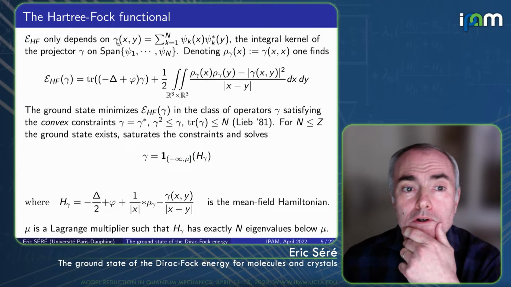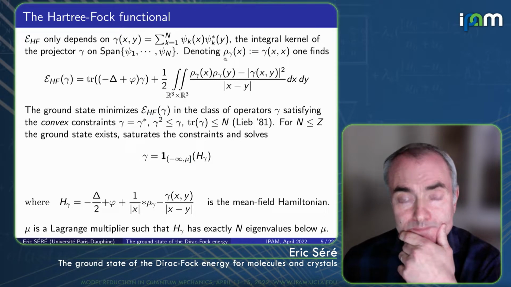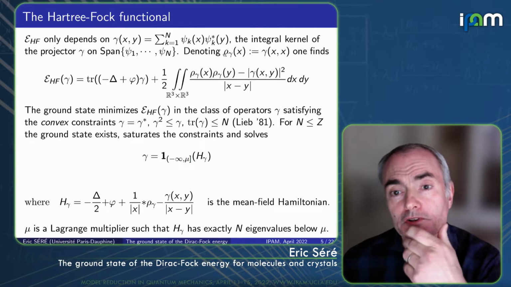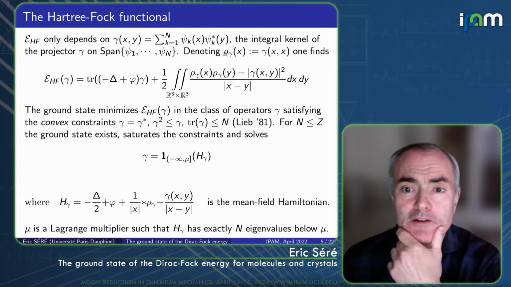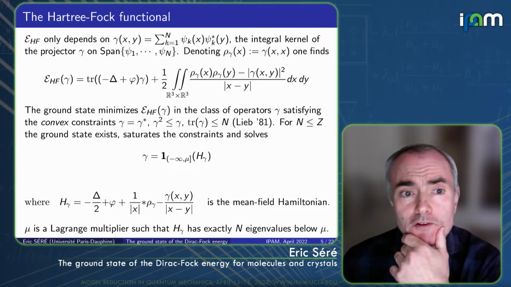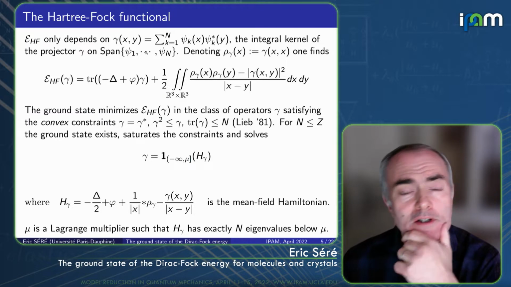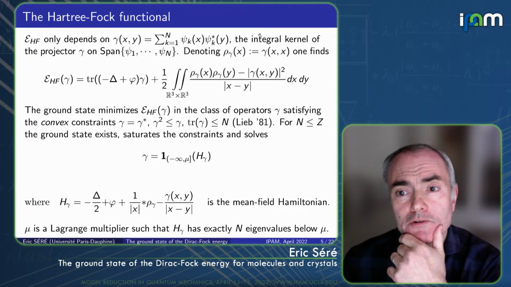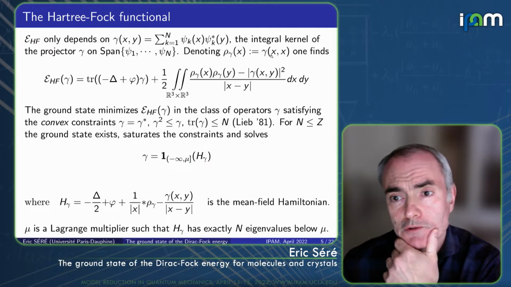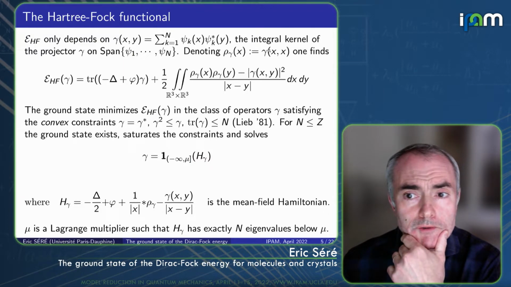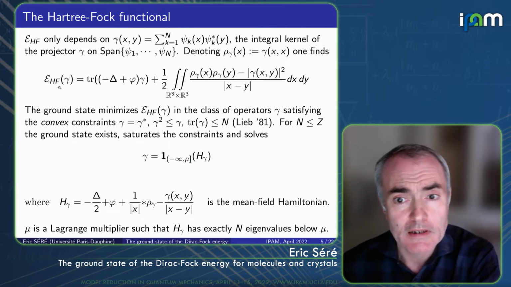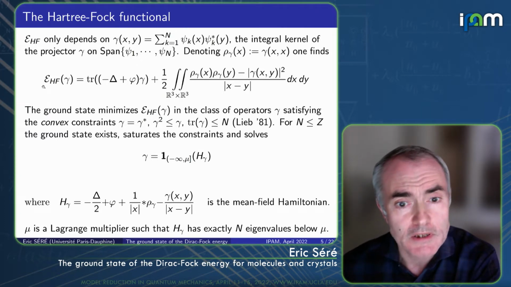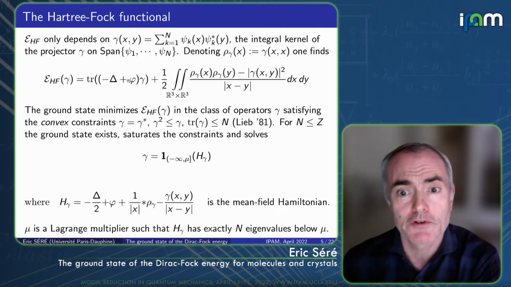To this integral kernel is associated a charge density. Of course, if it's an electronic charge density, I should put a minus sign in front of it, but we forget that here. This charge density is just the diagonal part, or more precisely, if we have spin, it should be the trace over C2 of the diagonal part, because the diagonal part is a 2x2 matrix. Anyway, associated with this charge density, we have this energy, which is exactly the Hartree-Fock energy.